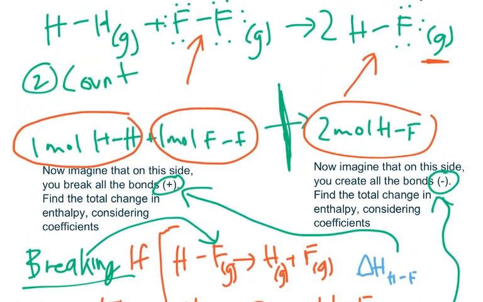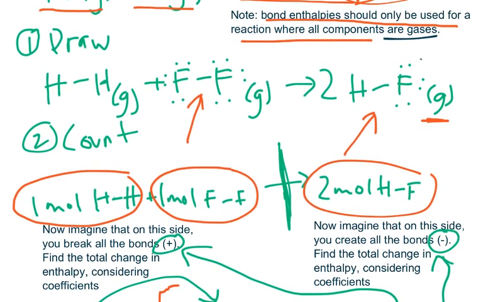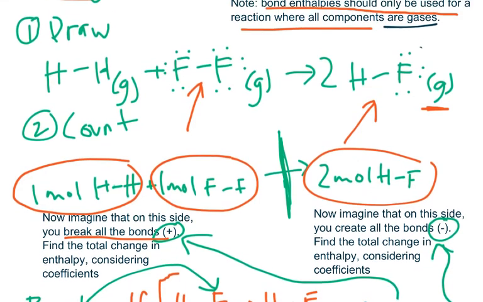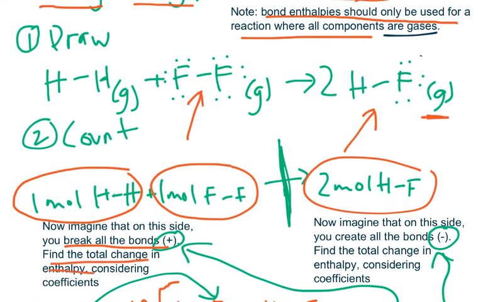Now, let's go on to the next step. So, over here, things are going to get a little bit creative. On the left-hand reactant side, we are going to imagine that we break all the bonds, and the values for the enthalpies for these processes will be positive, since breaking bonds takes energy, and you have to find the total change in enthalpy considering the coefficients.